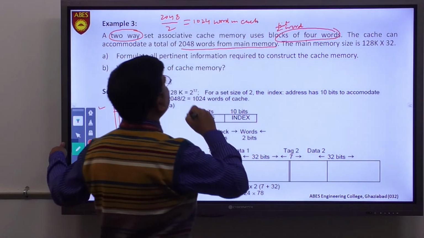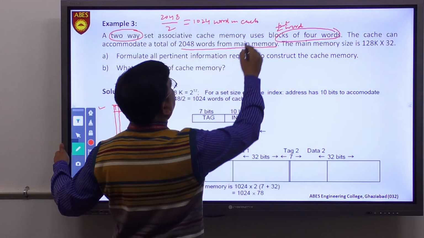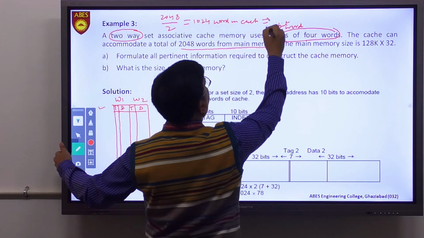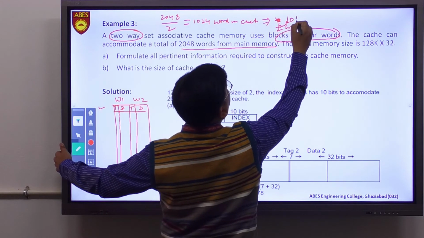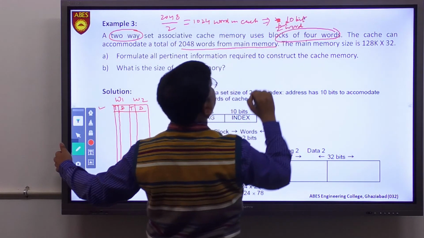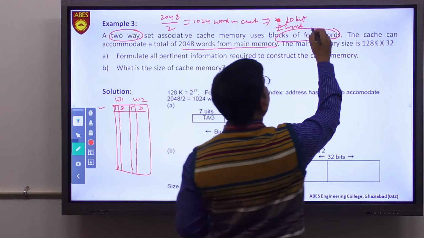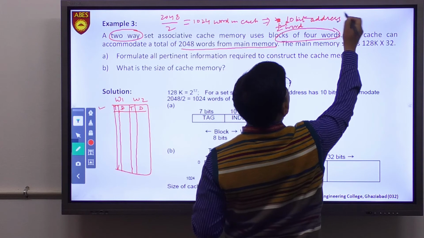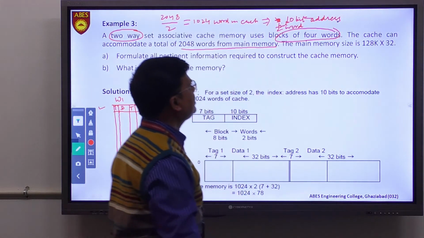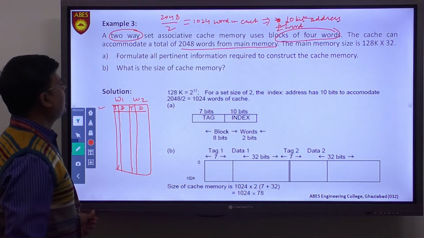So this 1024 will require 10 bits of address to access the cache.